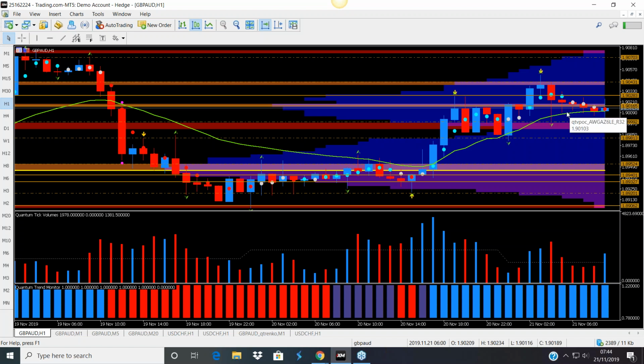But I also like to look at the shape of the candle. In other words, do we have a lot of wicks to the bottom of the candles, which tells us there is price support coming in? And the candle that is being formed at the moment, we've still got another 15 minutes to go, is kind of a doji. You've got a wick to the bottom, but also a little bit of a wick to the top. Quite a lot of volume going into that.